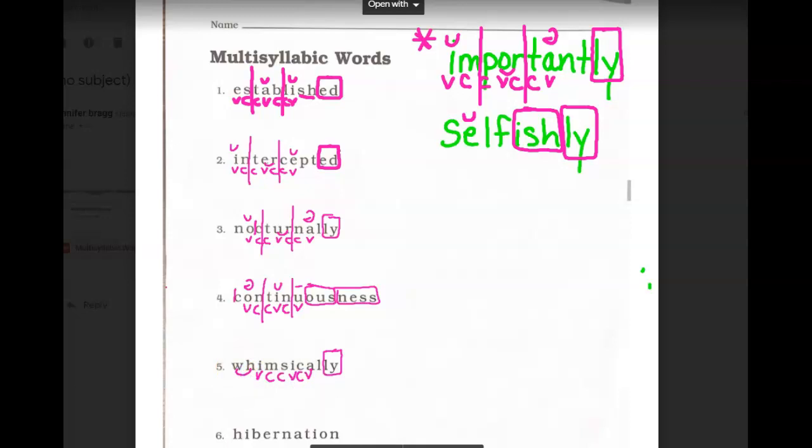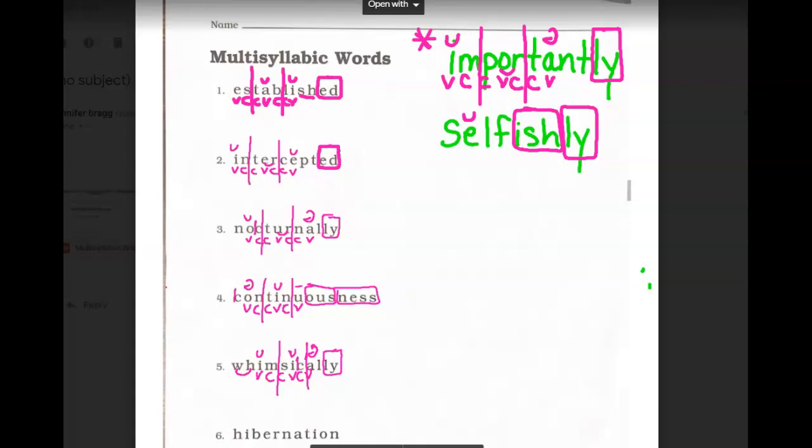We'll put our little arc there. We're going to divide between the M and the S. We're going to divide between the C and the A. And we have a short I sound. Whim, C. We have a K sound, so we need a K back and all at the end there. So it's an upside down E. Got a sort of a U sound, so we need that upside down schwa.